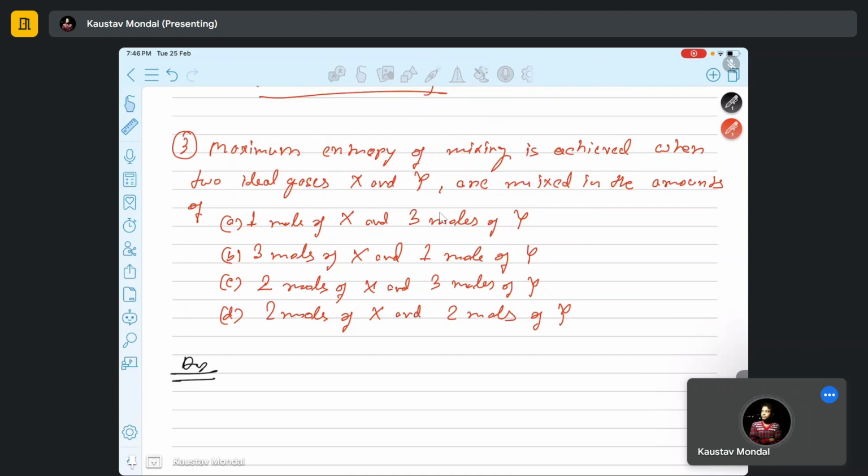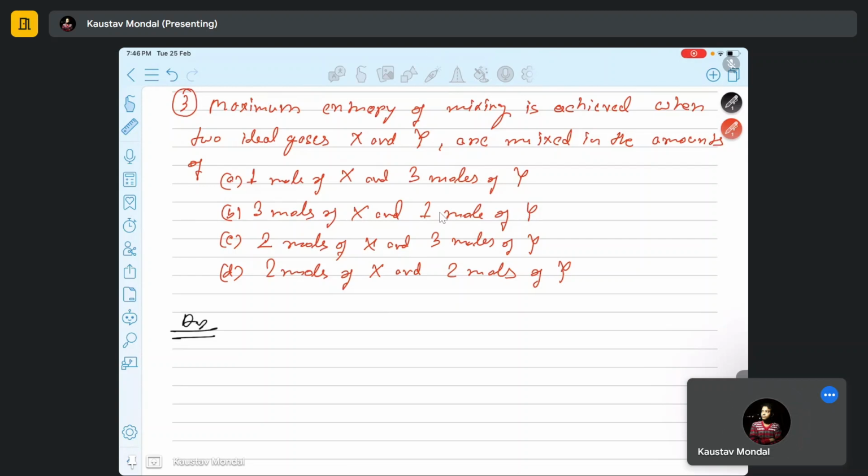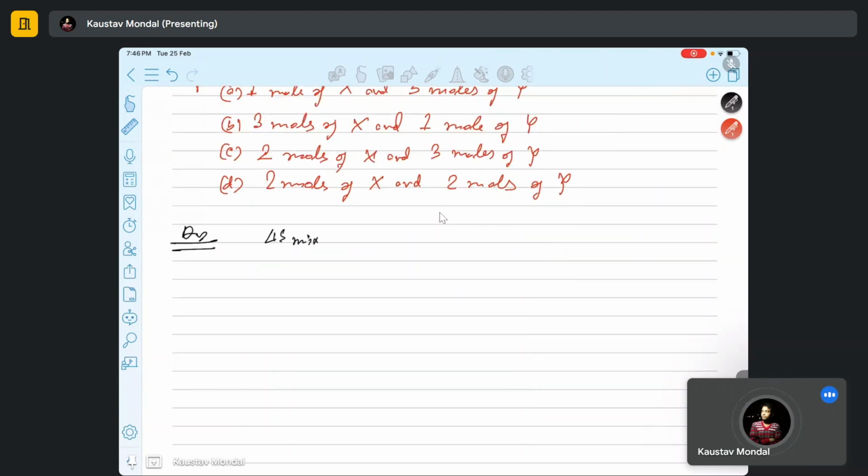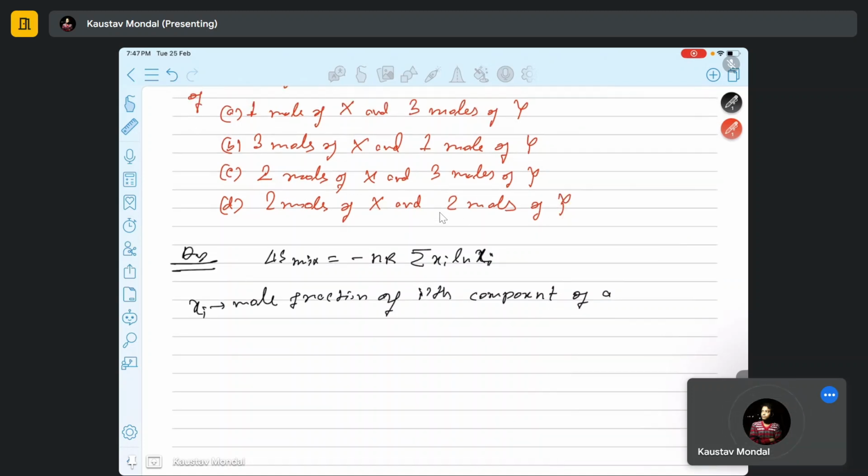So the entropy of mixing delta S mix, we know the formula is minus nR sum of xi ln xi, where xi is the mole fraction of the ith component of a mixture.